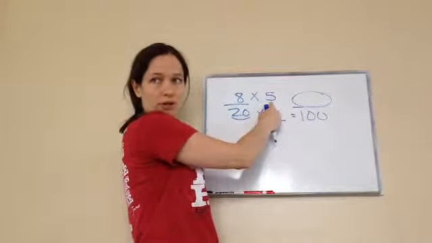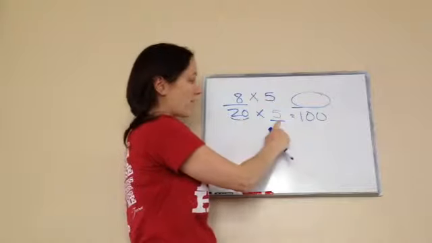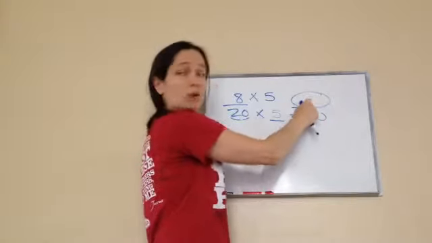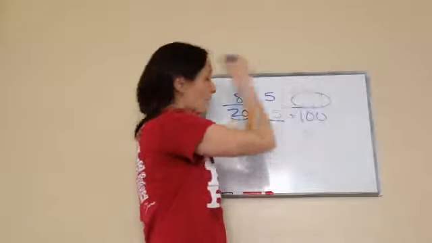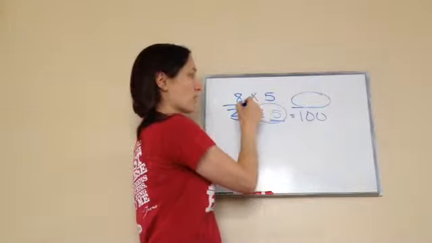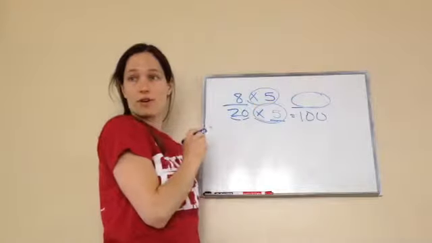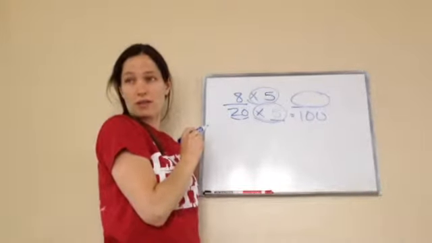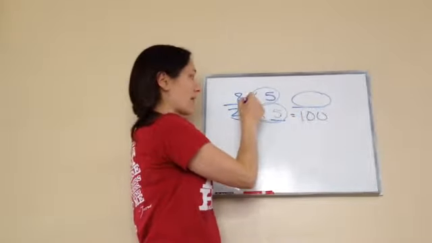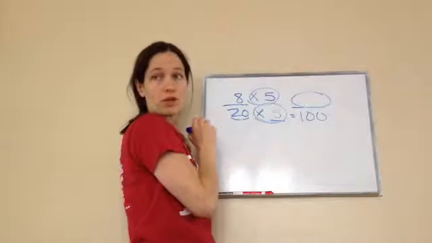So we want to take this 20 and make it 5 times bigger so that we can get a 100 at the bottom, because 100 at the bottom will tell us what our percentage is. So we multiplied by 5. Do you see why I would multiply this 8 by 5? Because I'm making 20 5 times bigger, so I'm making 8 5 times bigger so that they're equal.